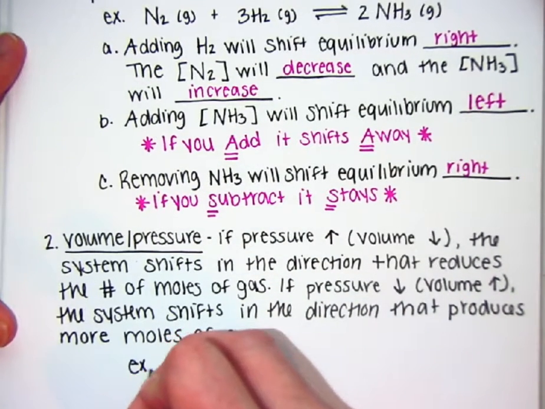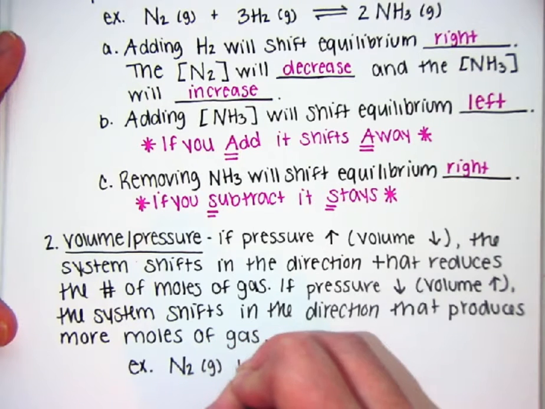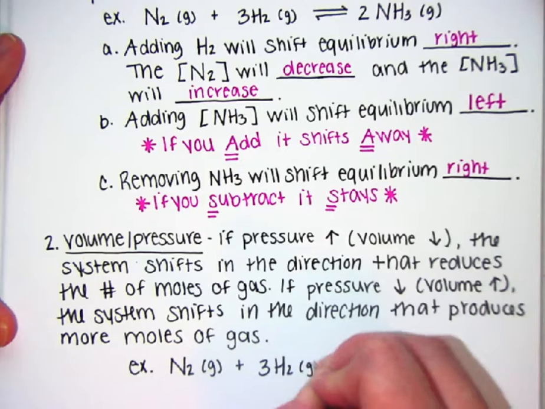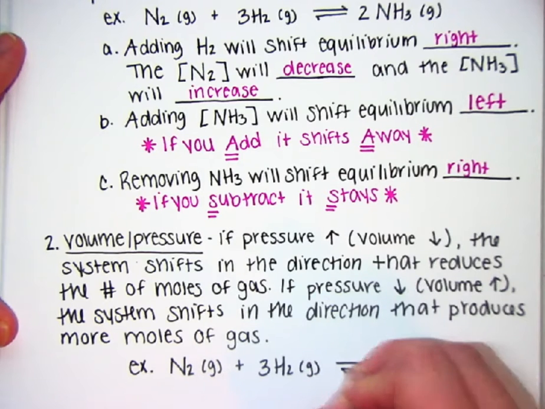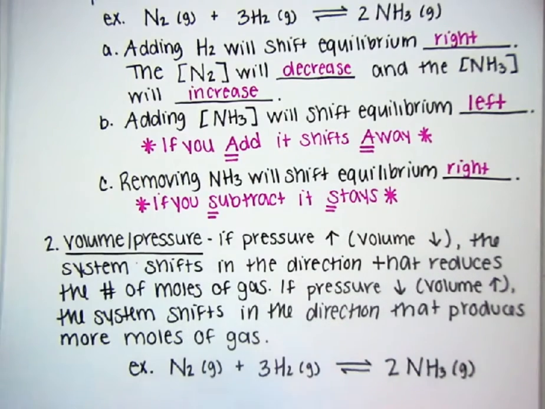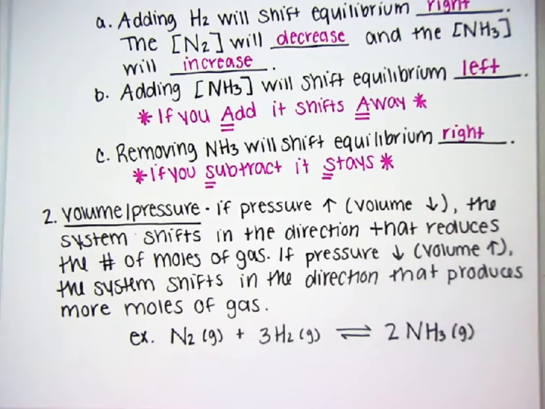I'm going to use the same reaction. Nitrogen plus 3 moles of hydrogen produces 2 moles of ammonia. So the first thing, before I even write any example problems, is let's count the moles of gas on the left side of the arrows and on the right side of the arrows.